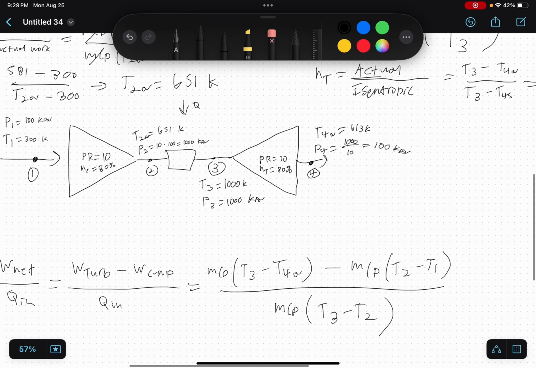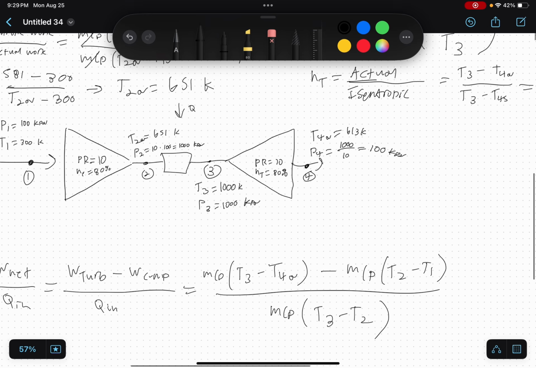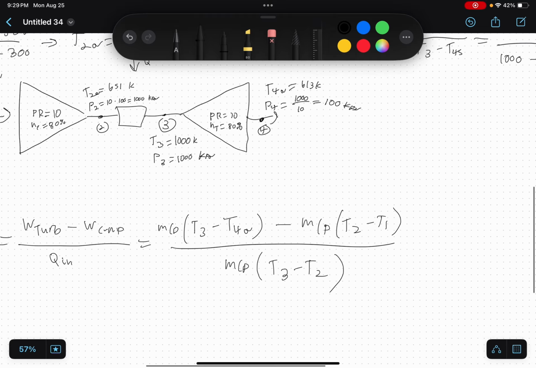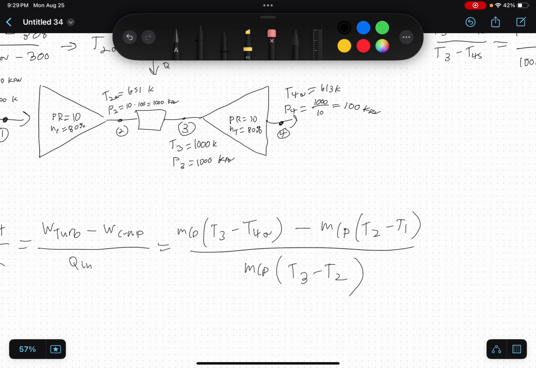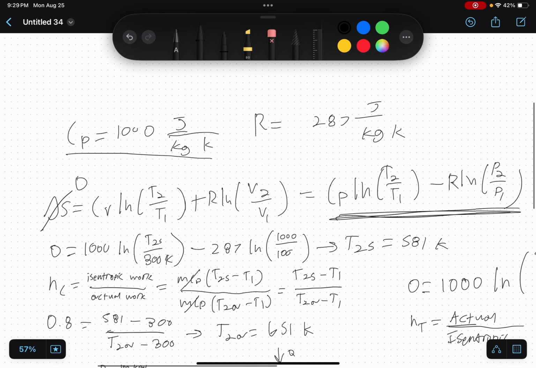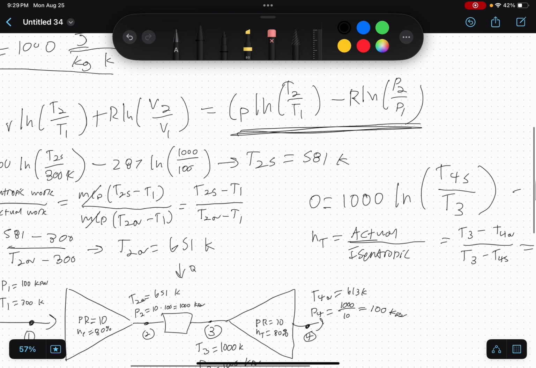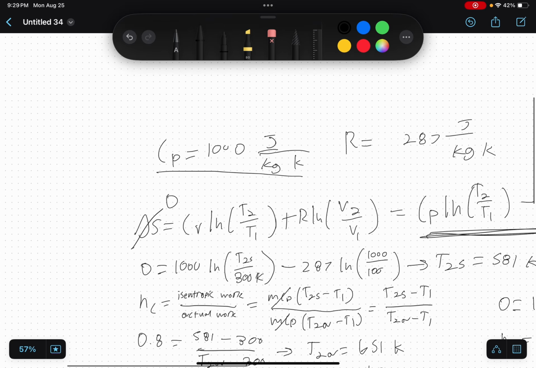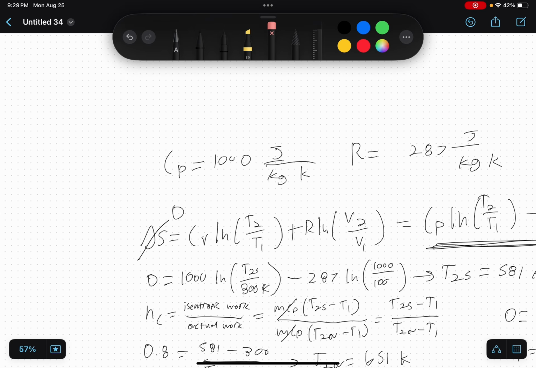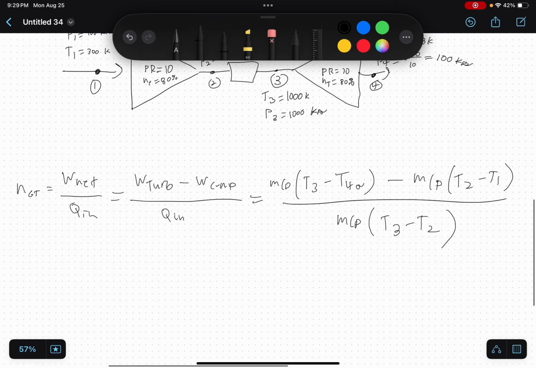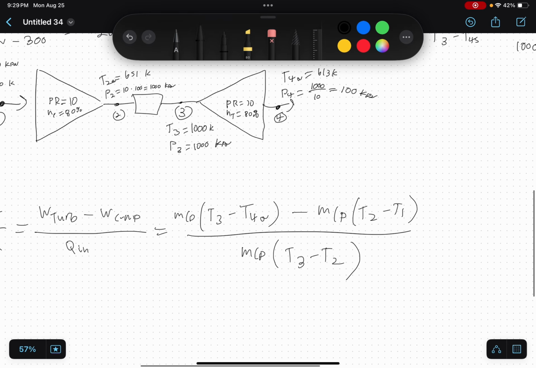Q is effectively the fuel being inputted into the turbine. But yeah, okay. Technically Cp is not constant throughout this whole problem, because Cp is a function of temperature, and our temperatures are ranging by a huge amount. So the assumption that we have a constant Cp is not a good assumption for this problem, but I'm assuming it is constant. So there you go.